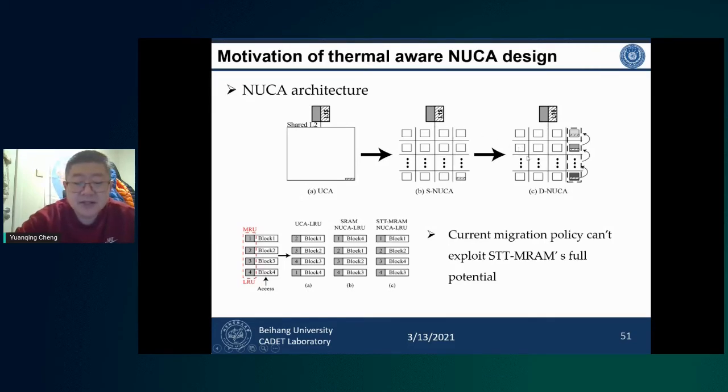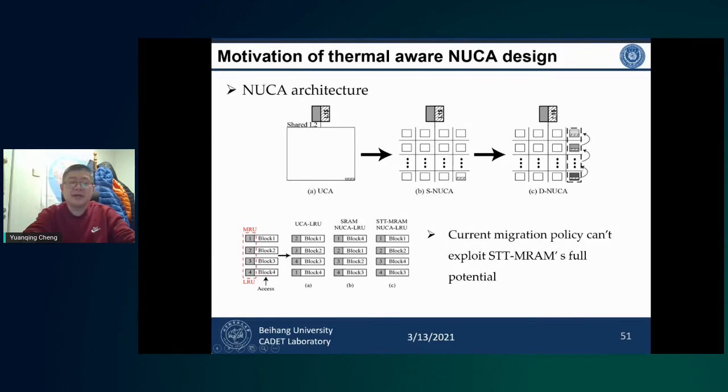And another one is called the dynamic NUCA. It is an improvement over the static NUCA. Because in static NUCA, the data is statically mapped to a fixed location in the lower level cache. But in the DNUCA, the data can be migrated dynamically based on the cache access behavior. The intensively accessed data can be migrated gradually to the location that is near to the upper level cache.